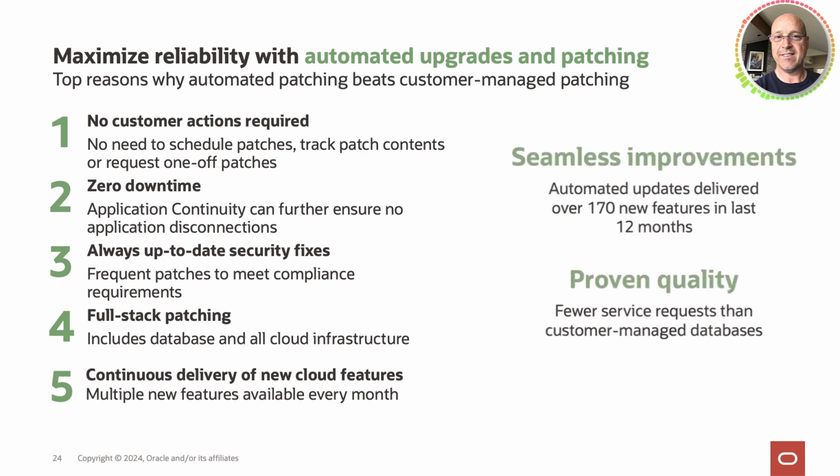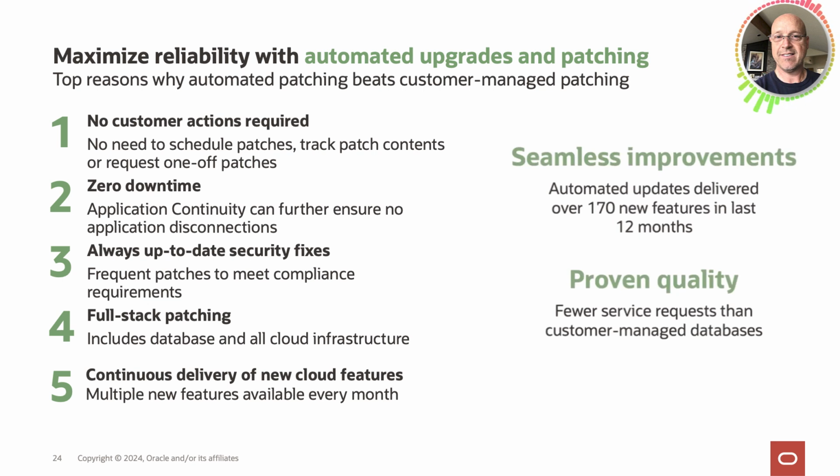So in terms of automating your upgrades and patching, there's no action required by you. It just gets scheduled for you. There's no downtime because of application continuity and the way that we're clustering things in the back end. You are always up to date. Your security fixes are always going in with each maintenance event. Full stack, right? VM, infrastructure, everything. It's just completely seamless to you.